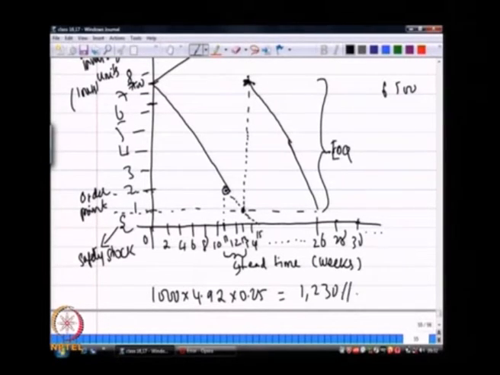So, this will be the additional cost that we will have to incur for holding the safety stock. So, this 1230 will be the additional cost that we will be incurring in addition to holding the economic order quantity. Now, if the incremental sales outweighs this benefit, then there is some sense in holding the extra stock.